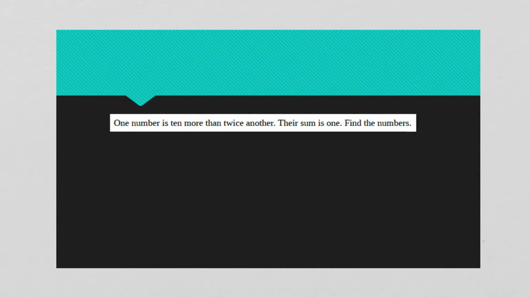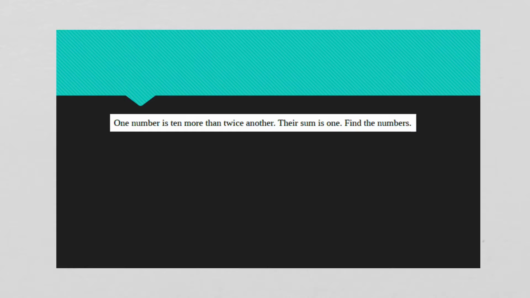Alright, so this problem says one number is 10 more than twice another. Their sum is 1. Find the numbers. Alright, so if two numbers add up to be 1, don't you think that maybe one of them has to be negative? I don't know, just something to think about as we're working this problem.